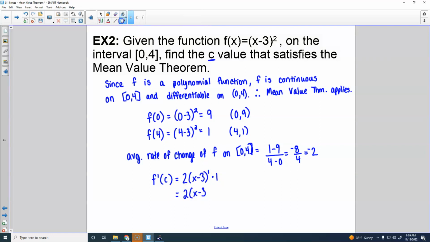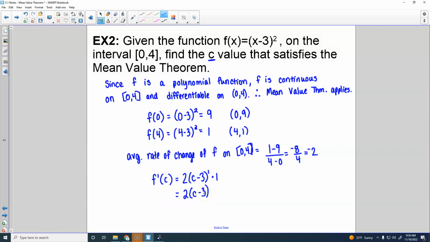I'm sorry. If I'm doing f prime of c, I should be using a c instead of an x right there. If you use x instead, it's probably okay. You're probably going to be all right. But because they told you it's a c value, it is better to go ahead and use that c here.